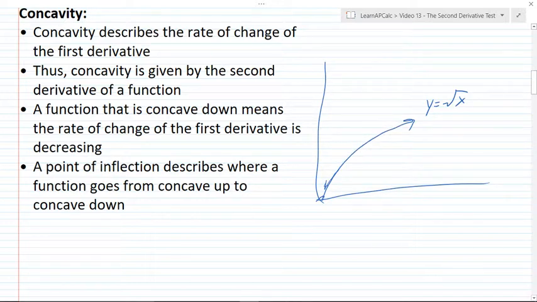So essentially, let's say I have some point A here and some point 2A.